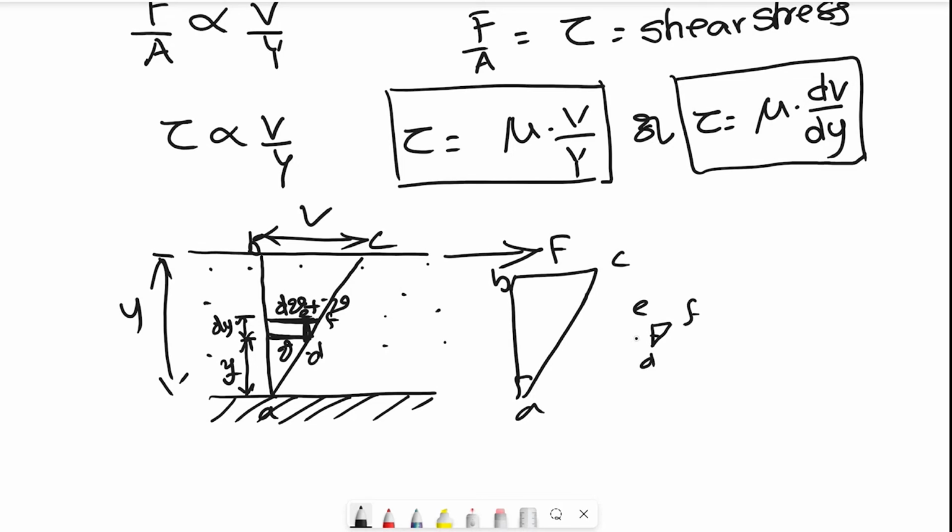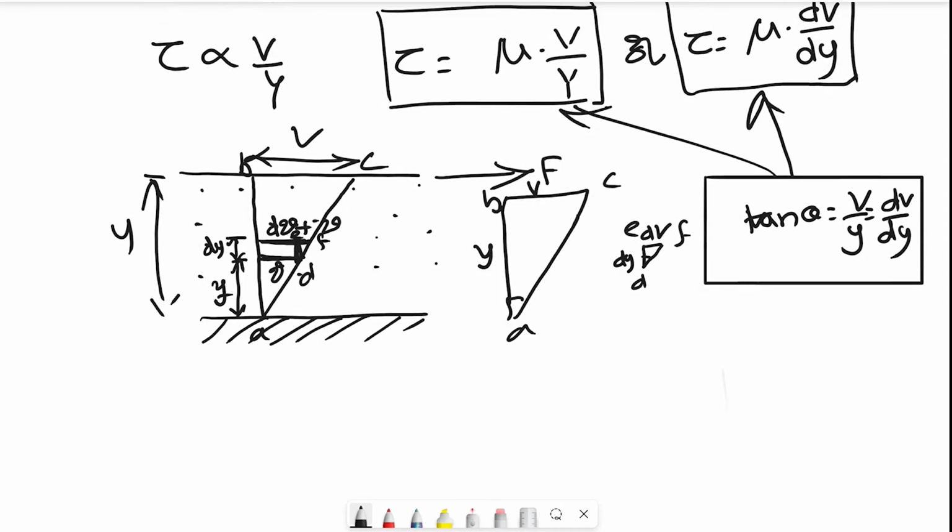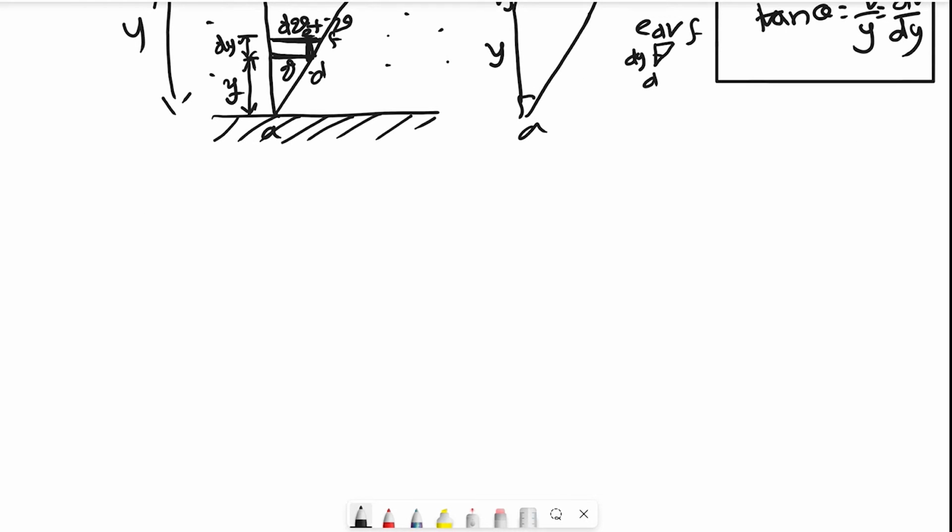This is dy, this is dv, this is y, this is v. How can you write it? Tan theta is equal to v by y, or equal to dv by dy. This is what we can write, and that is what I represented here. So that is what you need to understand. This completes the next equation.